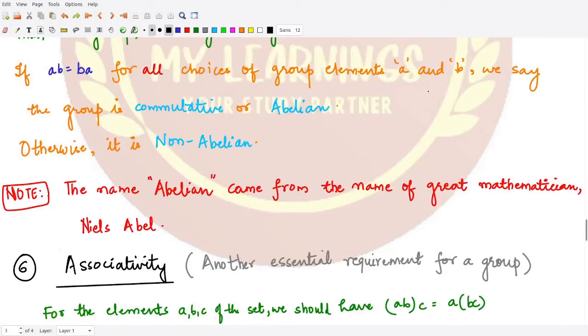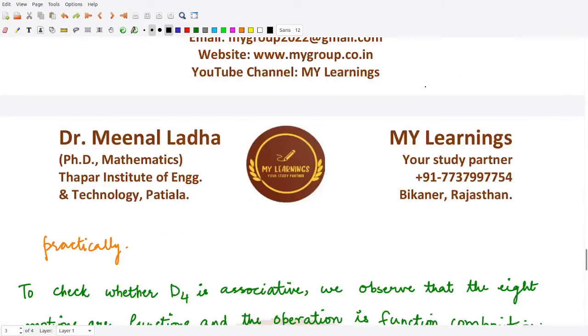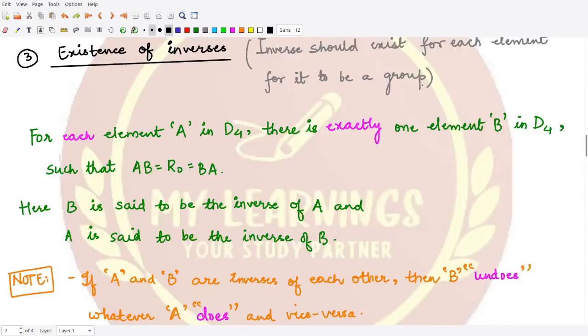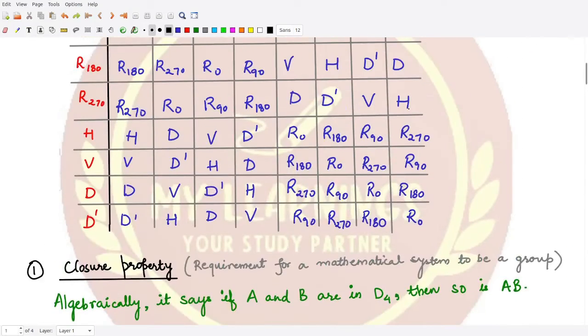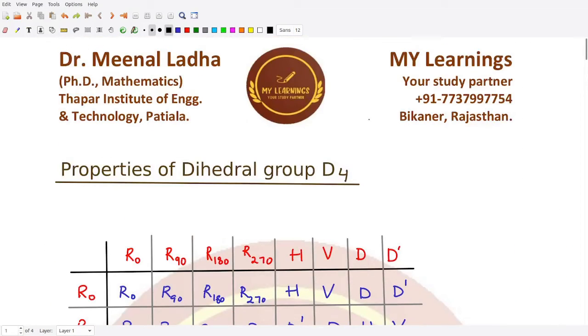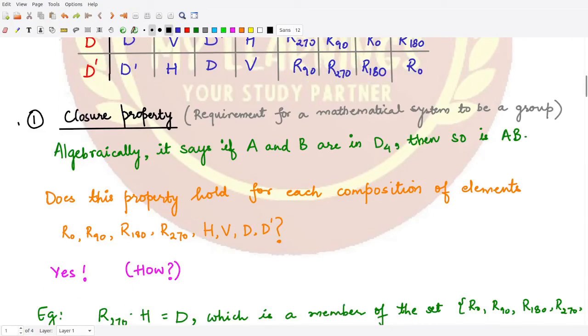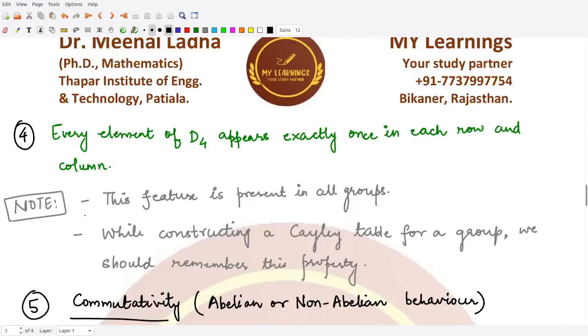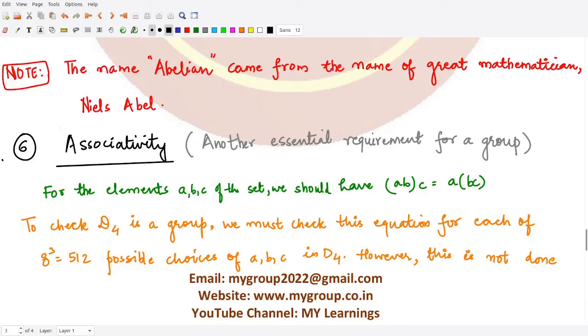So these are the various properties for D4. You see what the essential properties are which are required for any group. In this video we were particularly talking about the dihedral group. We require the property of closure, the property of identity, the property of inverse, and the property of associativity.